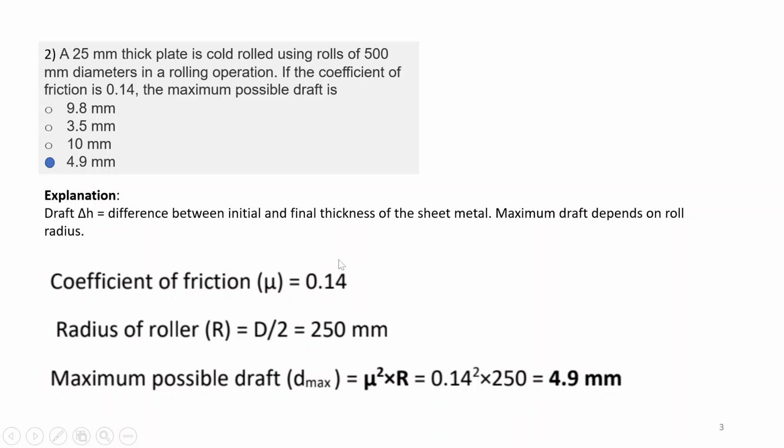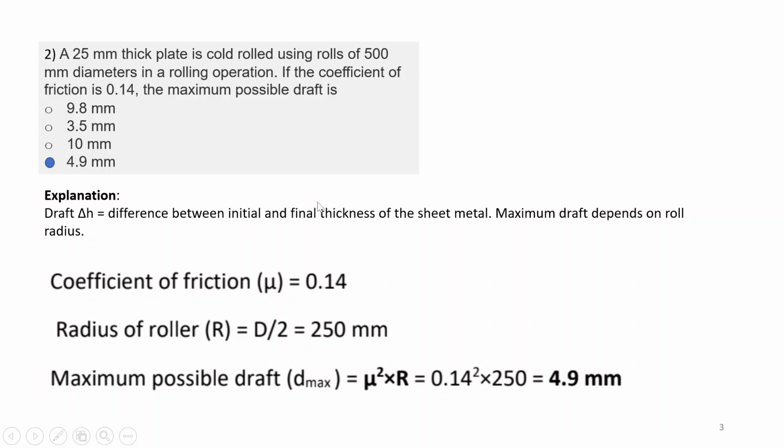The coefficient of friction keeps on increasing with an increase in temperature. So in cold rolling it will be less, and as you go for warm working and after that hot working, it will keep on increasing. That's why you will get a higher maximum possible draft in hot rolling. So in one go you can reduce the thickness of the sheet more in hot rolling.